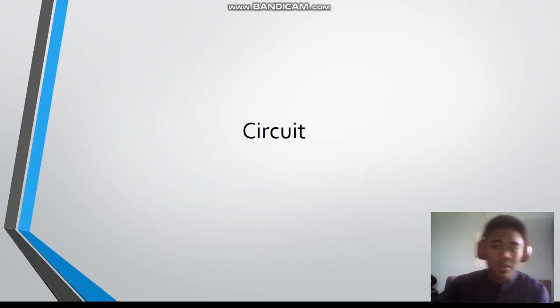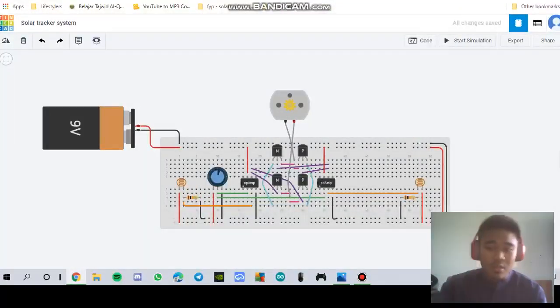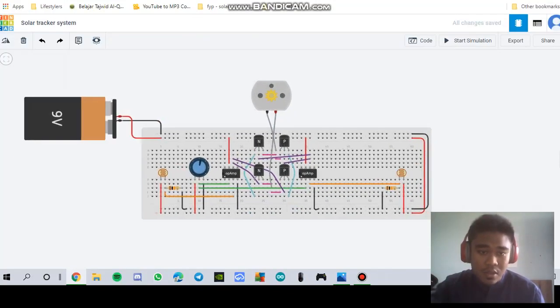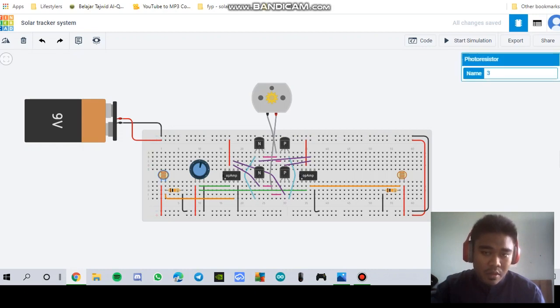So let's see the circuit. This is the solar tracker system circuit in the Tinkercad software. The 9 volt battery is the power supply, LDR1 and LDR2 are the sensors of this circuit, and the potentiometer controls the value of voltage and current. The next one is the op-amp itself.